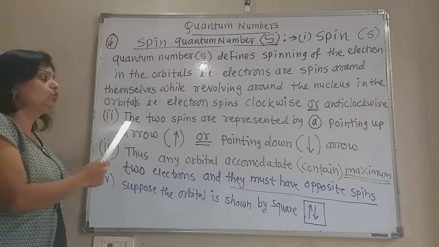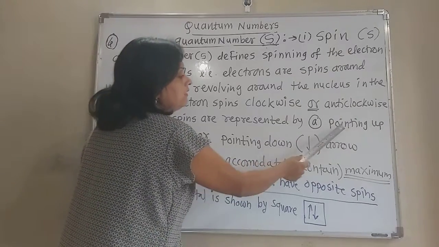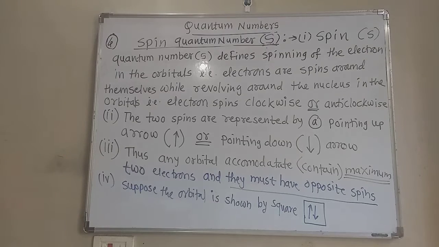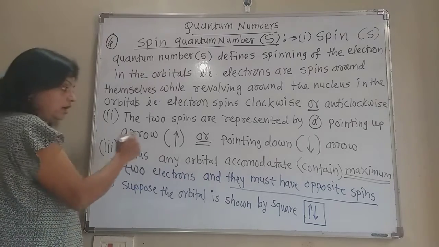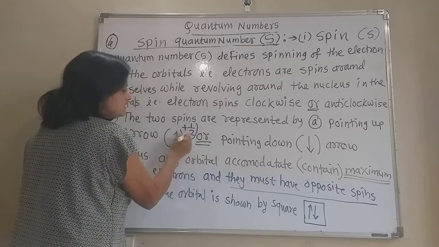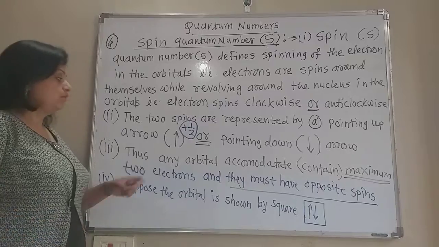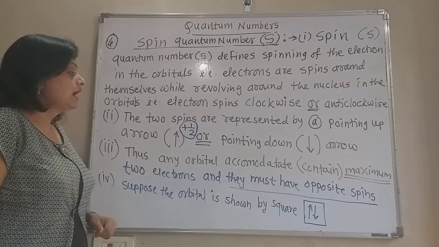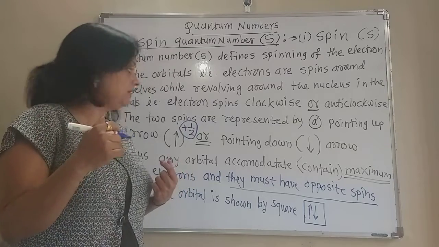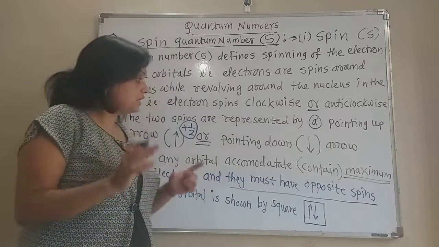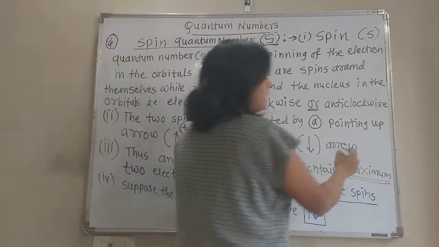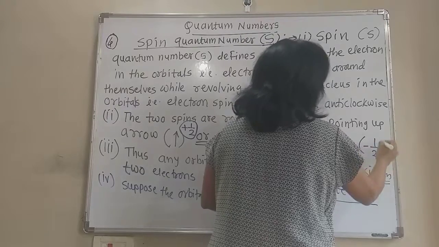Now the two spins are represented by arrows. One is the pointing up arrow, which has the value plus half. And if the electrons are spinning in the anti-clockwise manner, then the electron is shown by the pointing down arrow, and this pointing down arrow has the value minus half.